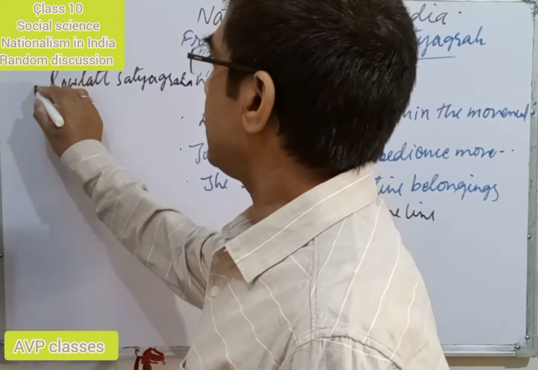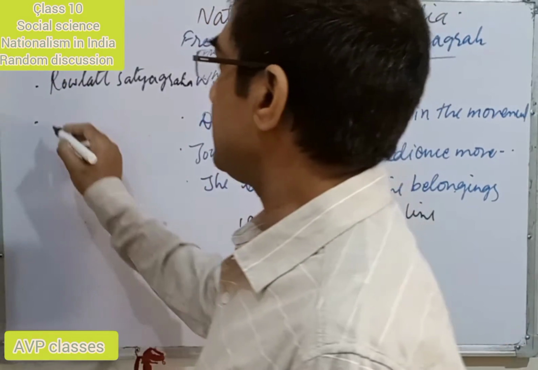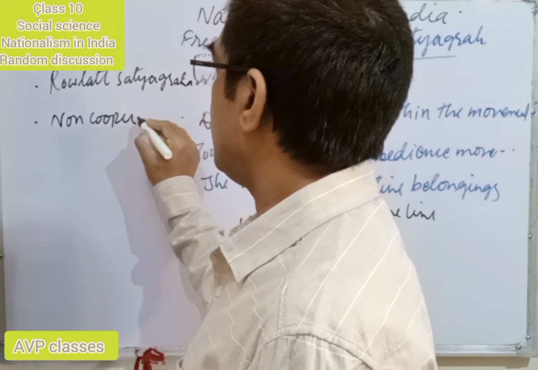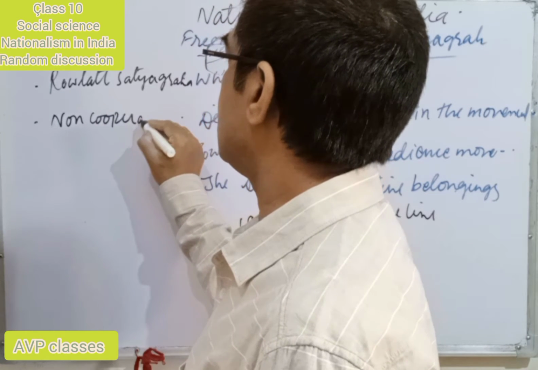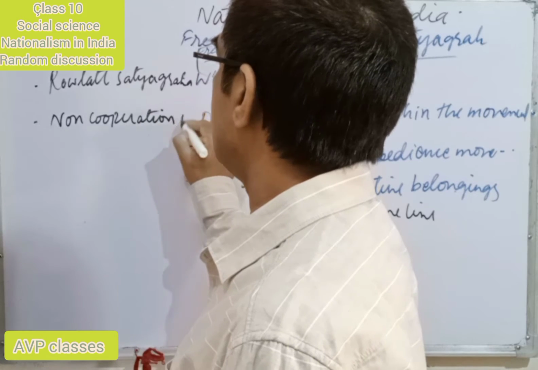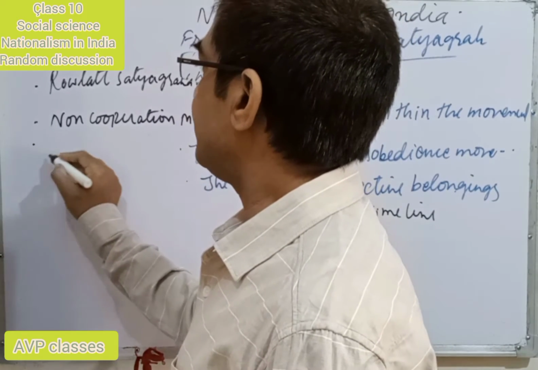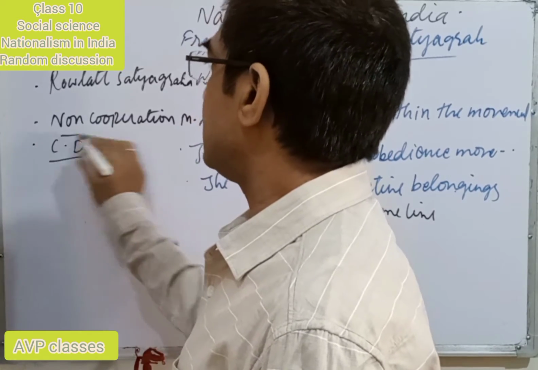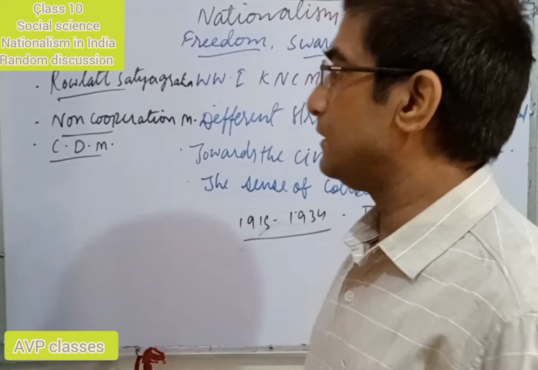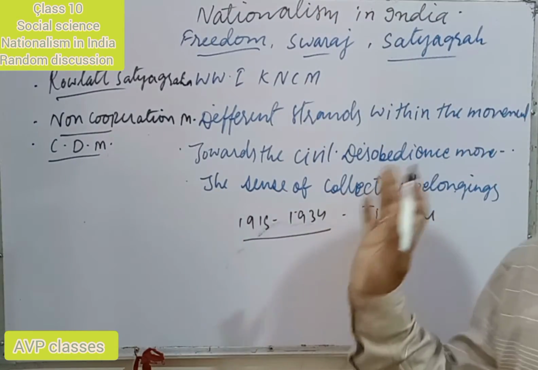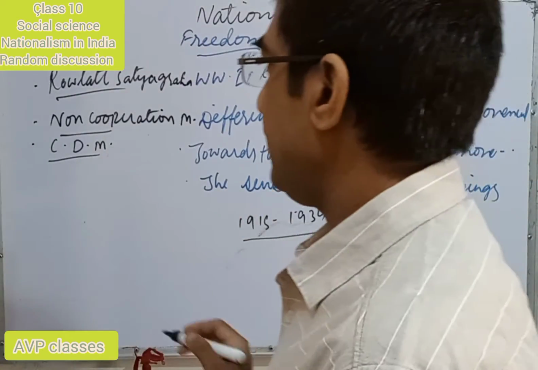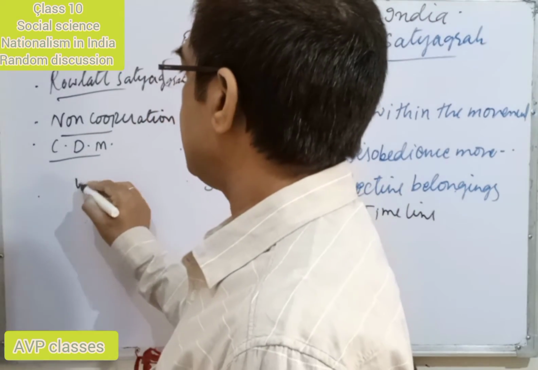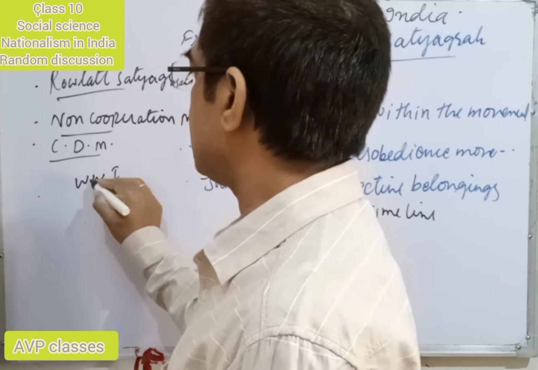Then the second movement, which is very important, is the non-cooperation movement, and the third one is the civil disobedience movement. These are the three important movements which we have to discuss, along with very important events such as World War First.